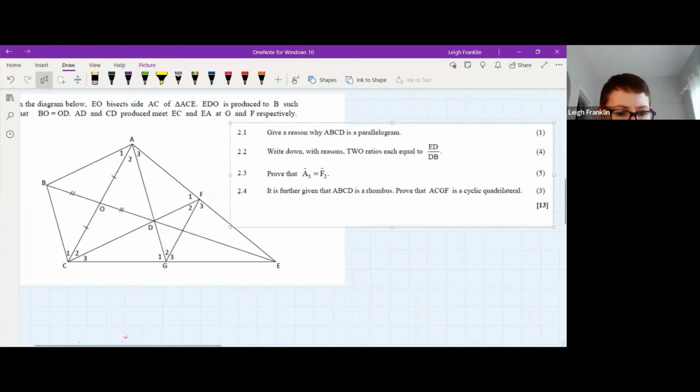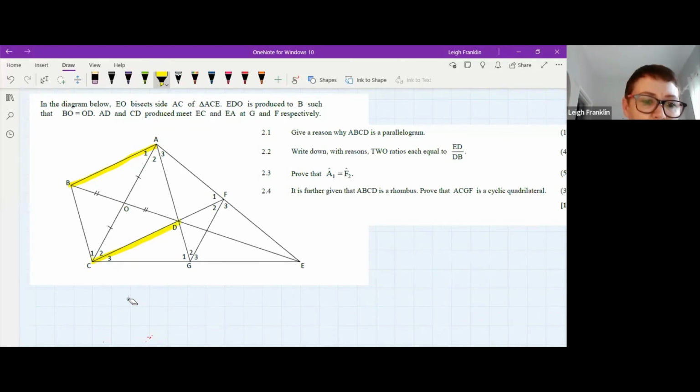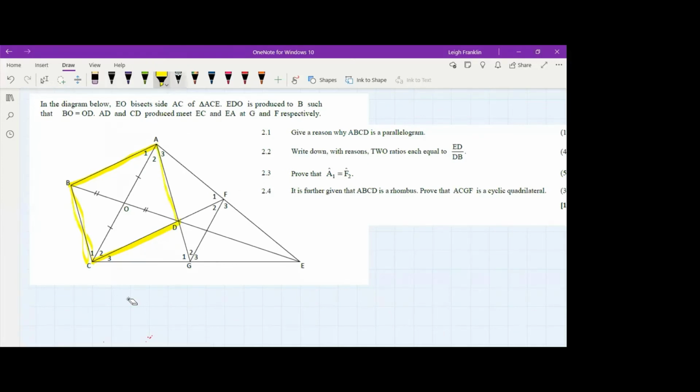In this question, the first thing that we're asked to do is to give a reason why ABCD is a parallelogram. I'm just going to highlight ABCD for you, and you think about that while I draw these lines. Why is this a parallelogram? Because BD bisects AC, I think.